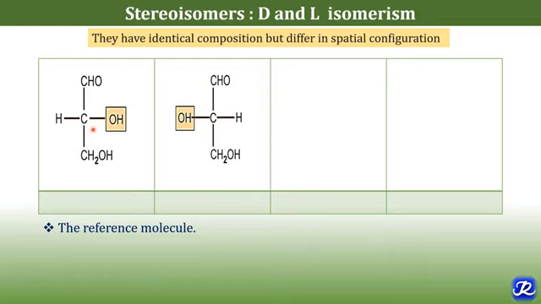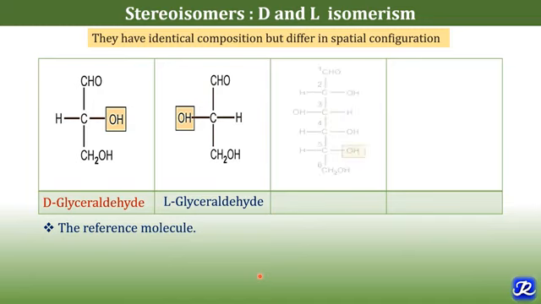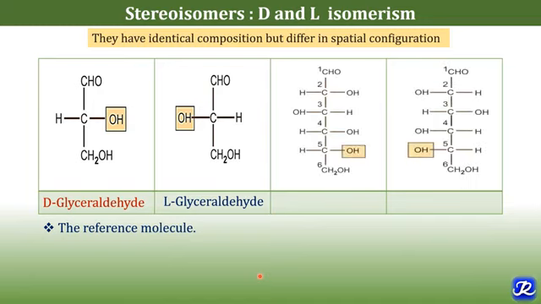So the D and L isomerism depends on the orientation of this H and OH group around this reference carbon atom. So in this case, this OH group is present on the right side, and that's why it is called as D-glyceraldehyde, and here the OH group is present on the left side, and that's why it is L-glyceraldehyde.